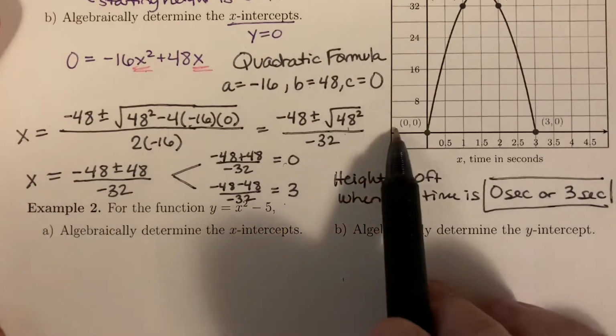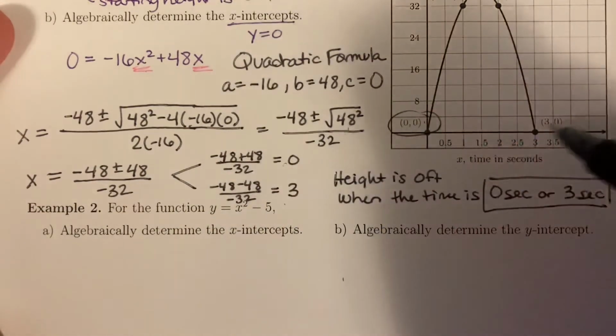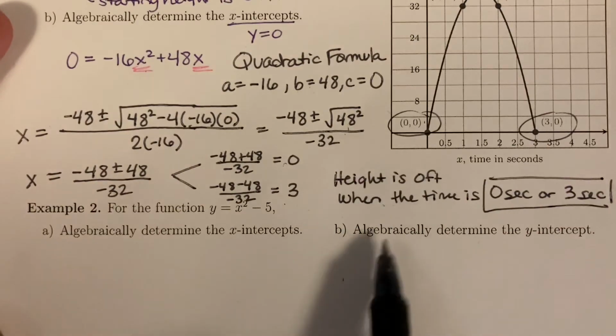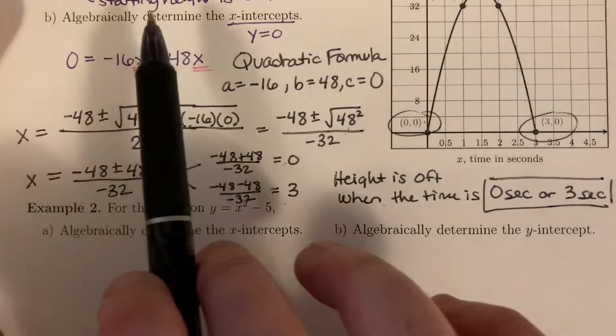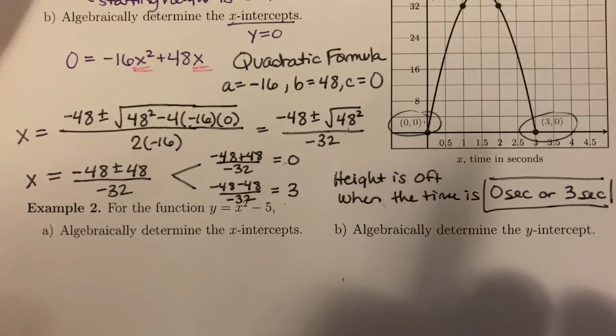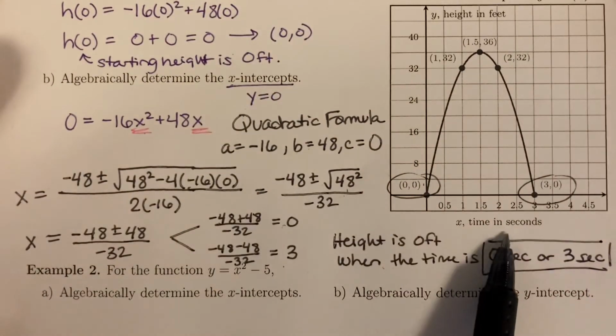Our two x-intercepts are (0, 0) and (3, 0). And you see those are also on the graph, but we were trying to find them algebraically, and that's what this looks like. All right, so hopefully that makes sense. You can see that y-intercepts are a lot easier than x-intercepts.